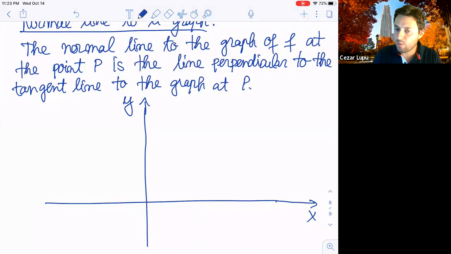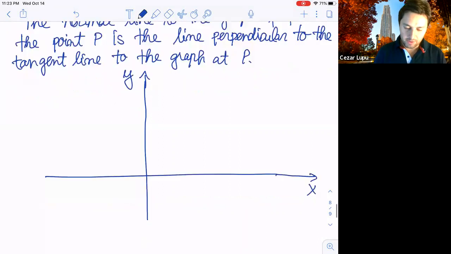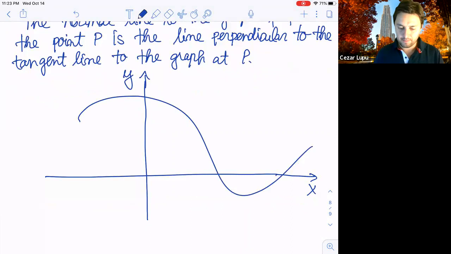That is the slope of the tangent line. So that's what you have to keep in mind. So let's just say we have a function that looks like this.